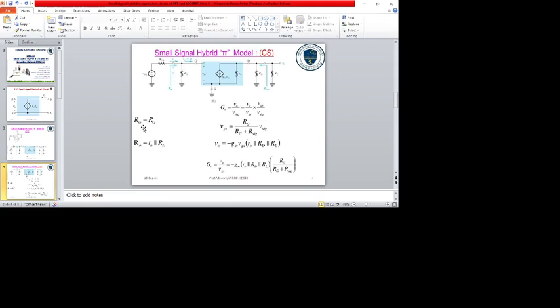The input resistance is Rg. While we are talking about the output resistance, we have to consider R0 and drain resistance, where both are in parallel. So, Ro is equal to R0 parallel with Rd.